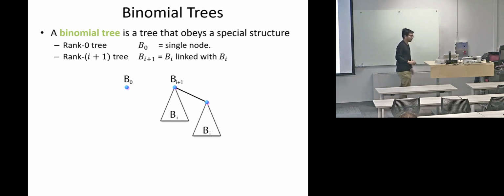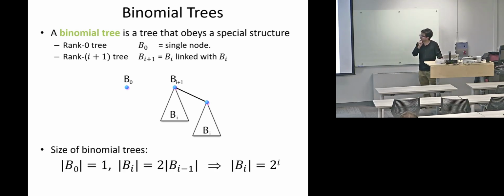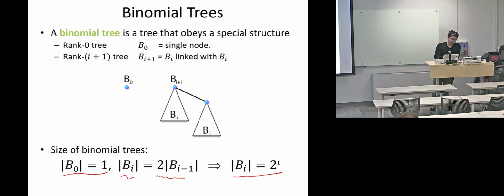From this definition, you can see that the size of a rank i tree is 2 to the i, because B0 has size 1, and the size of Bi is twice the size of B(i-1).